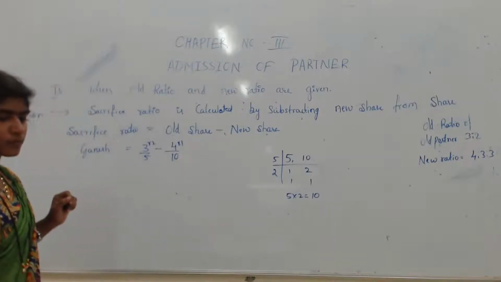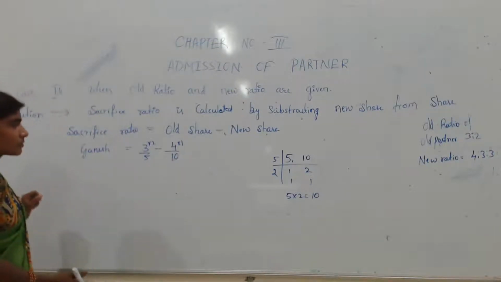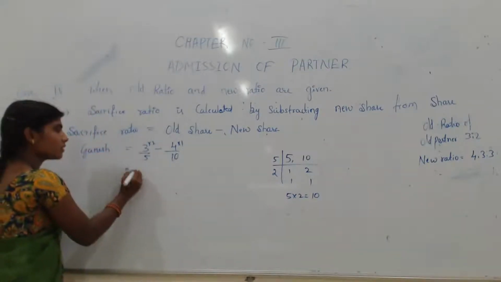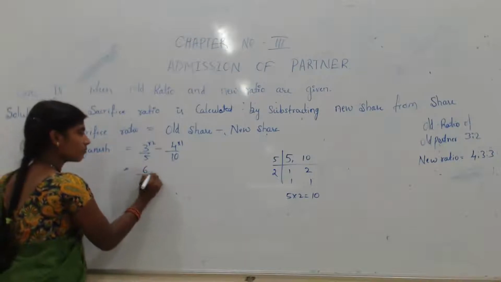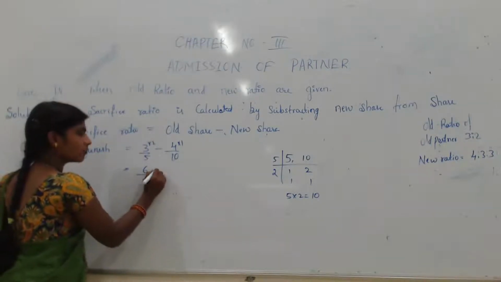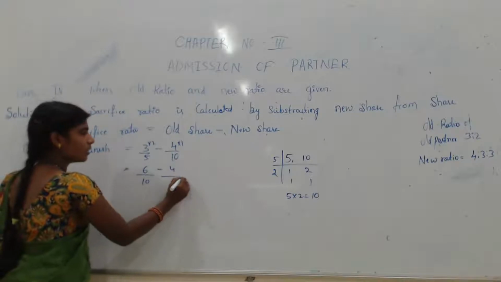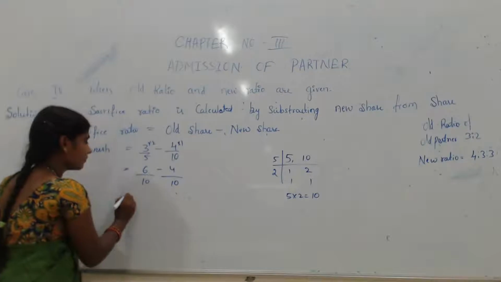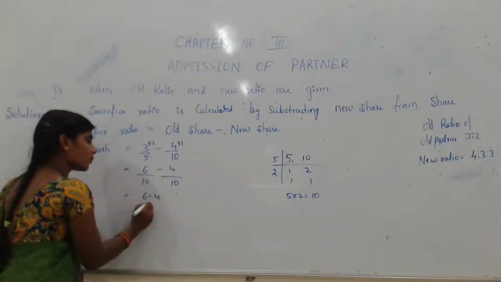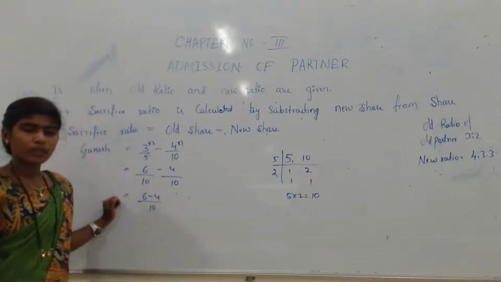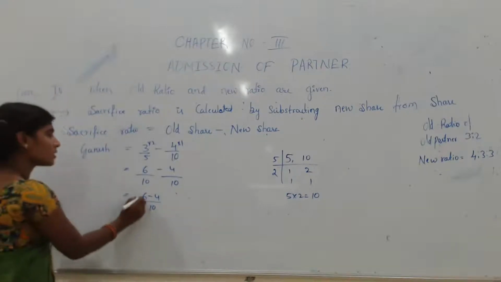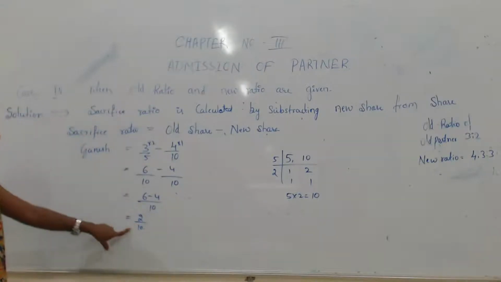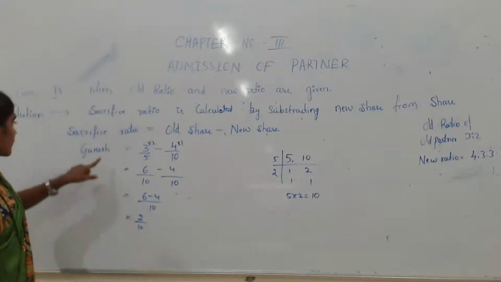Then see, after that 3 twos are 6 by 5 twos are 10, minus 4 ones are 4 by 10 ones are 10. So bases are common, no? Now 6 minus 4 by 10. Then 6 minus 4 means 2 by 10 is the sacrifice share of Ganesh.